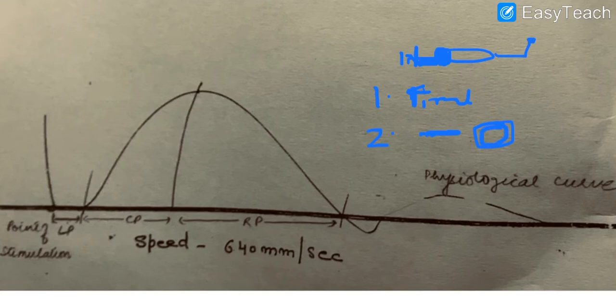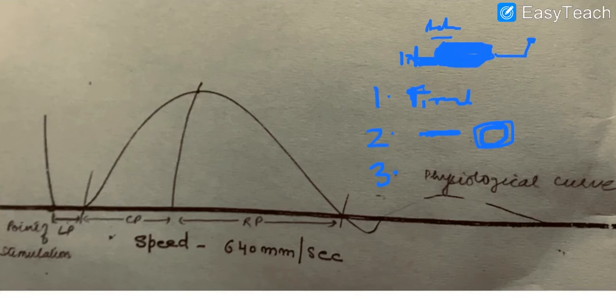The third one is, now that neurotransmitter will get attached to the receptor located at the motor end plate. Okay, and there will be time taken by that neurotransmitter to activate those receptors and excite the muscle.